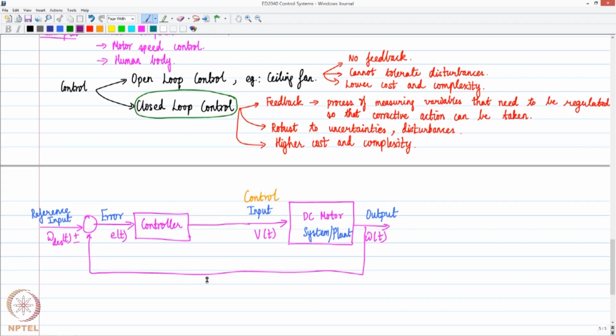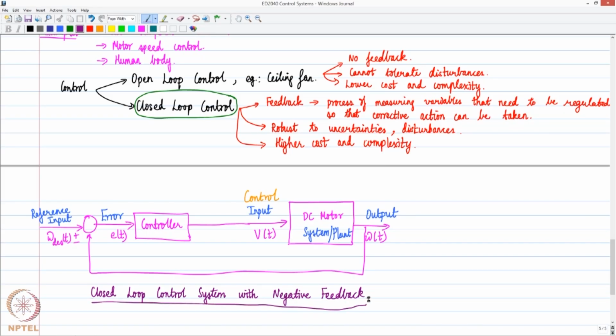This is a typical layout of a closed loop control system with what is called negative feedback. So, this is essentially a closed loop control system with negative feedback.